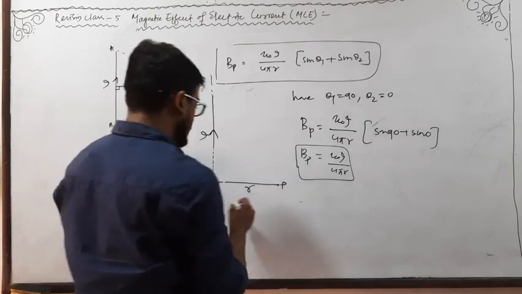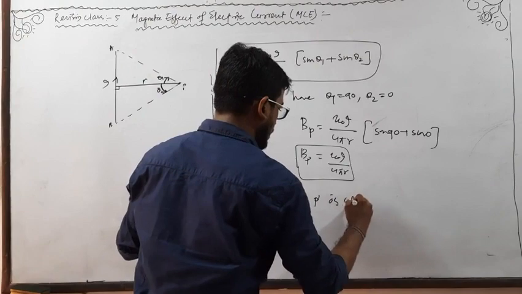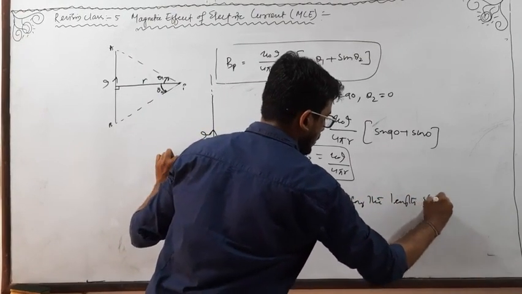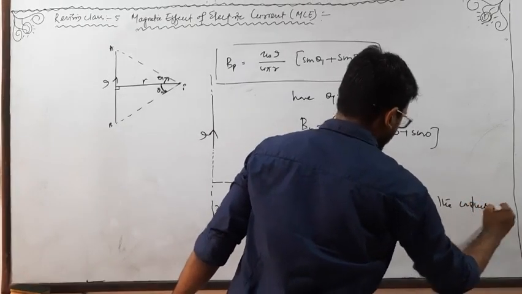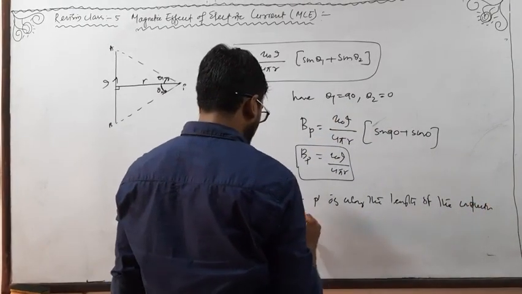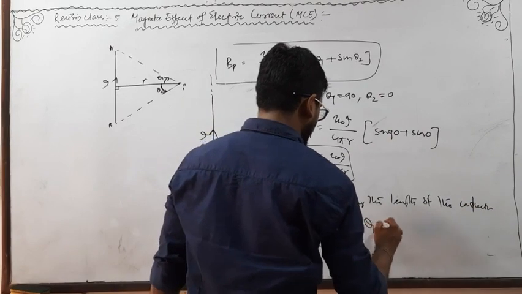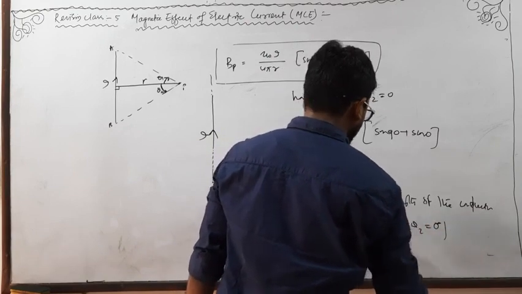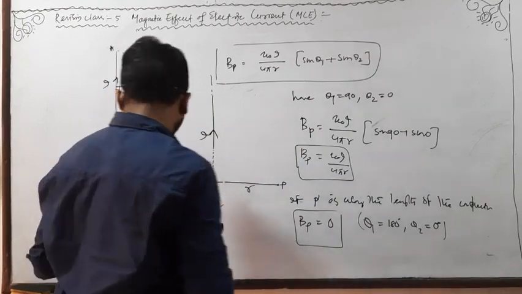So the magnetic field strength at P dash will be 0. You have to remember all these formulas, and for the derivation you can refer to the previous lecture.